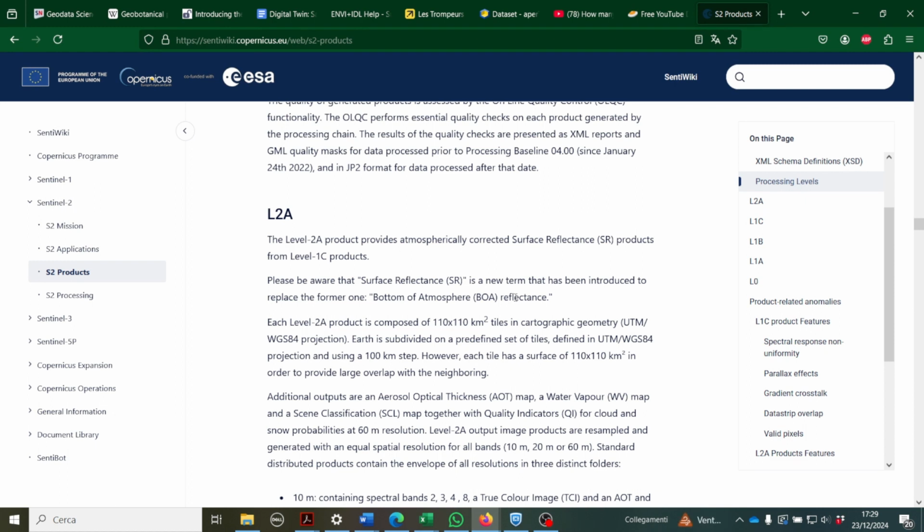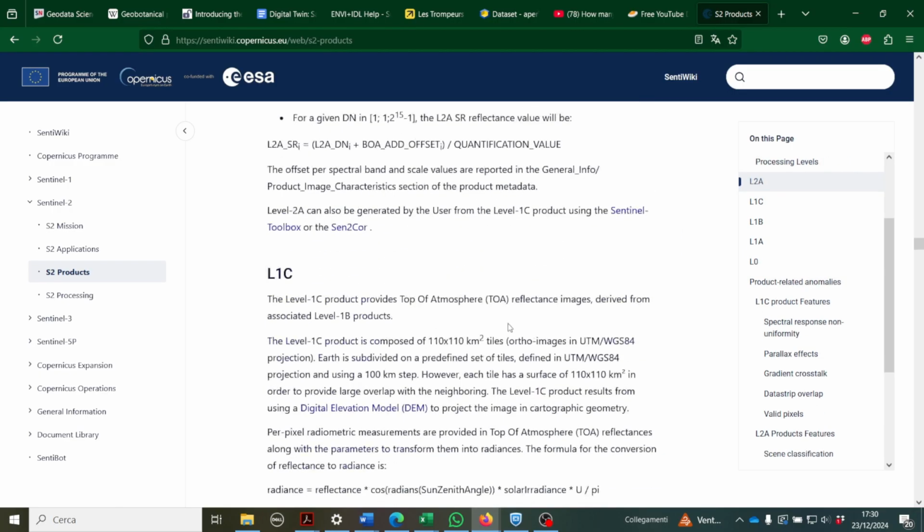So the digital number that we get in this image is proportional to the reflectance or emittance coming from the surface. While level 1C, again here, bottom of the atmosphere is just close to the Earth's surface, level 1C is what is called TOA, the top of the atmosphere reflectance, in which we have the radiance coming from the Earth's surface plus the contribution coming from the atmosphere.